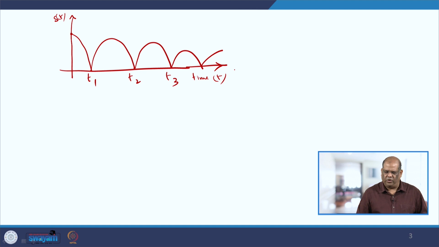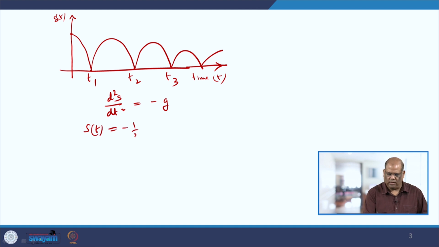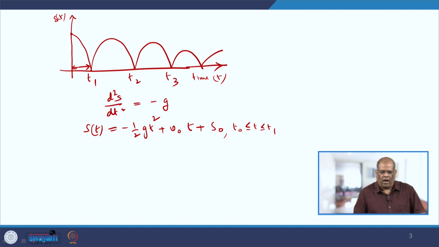We know that the differential equation which will satisfy this motion is given by d2s/dt² equal to minus g, and if we integrate it we will get s(t) equal to minus half g t² plus v0 t plus some s0, in the interval t0 less or equal to t less or equal to t1, means in this particular interval, and your height are these.